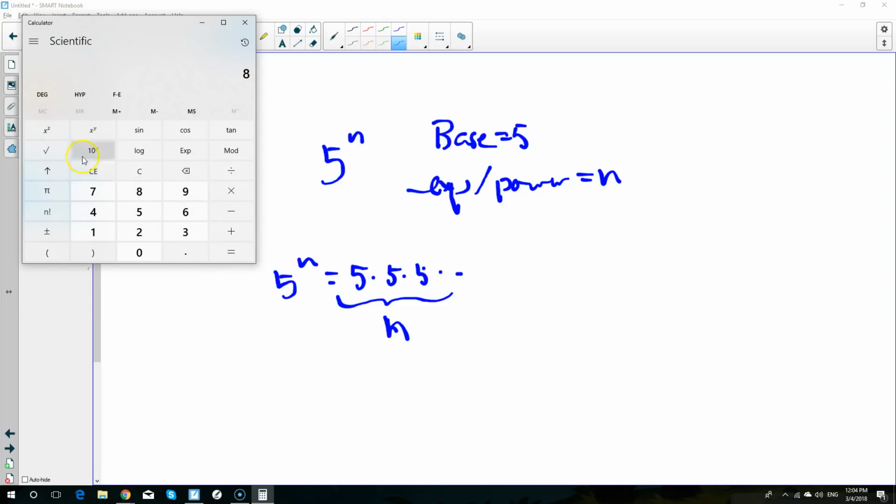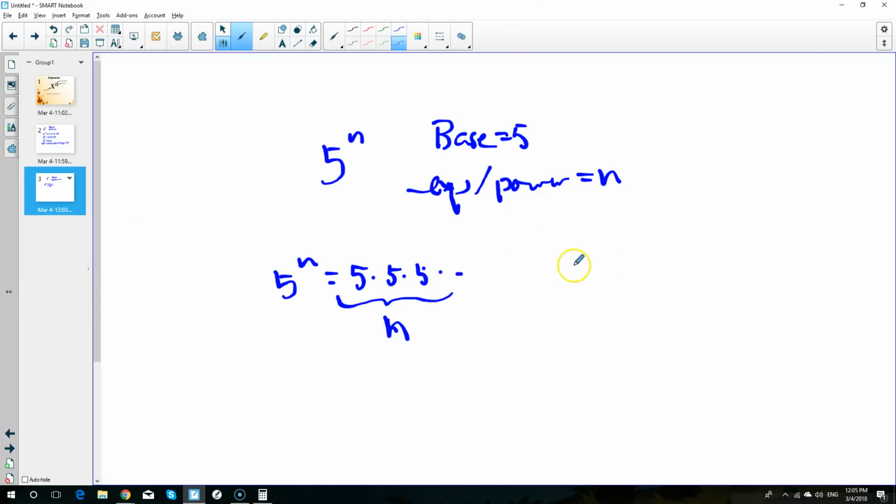Let's say it's 8 to the power of 3. Now pay attention to this little upper arrow. That's basically what it means by power. So if you use a calculator, it's not the one on Windows, you may want to find a key that looks like this. A key having that upper arrow means exponents.